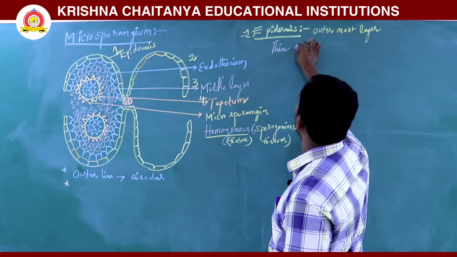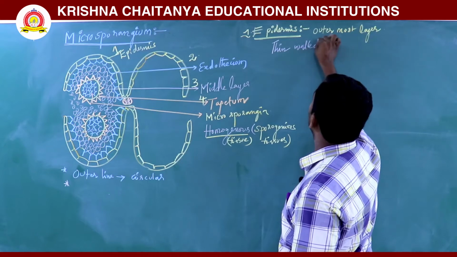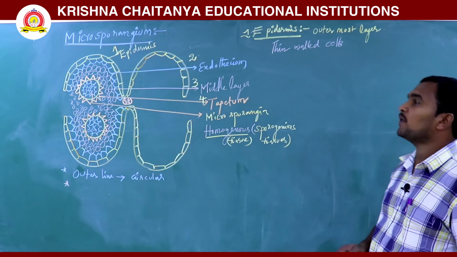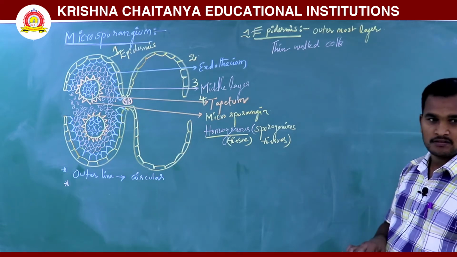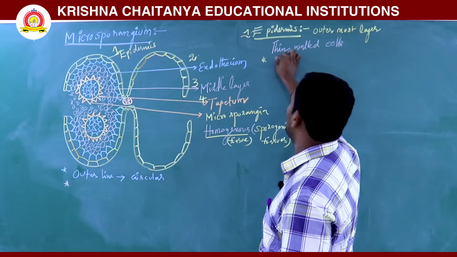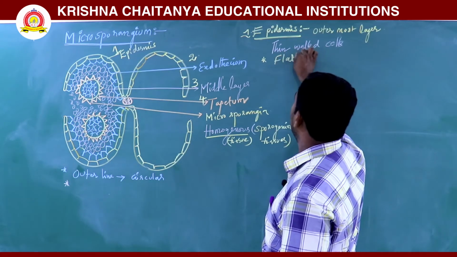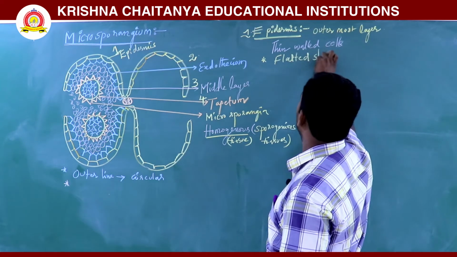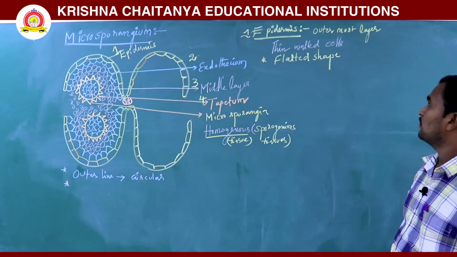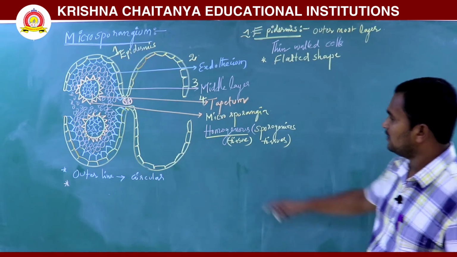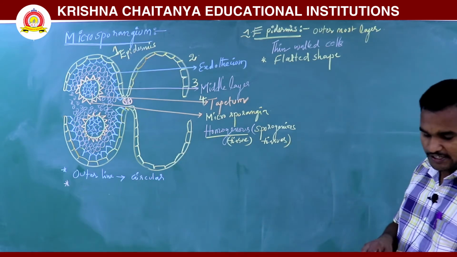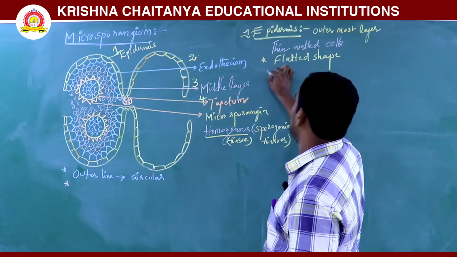Generally the cells are flat in shape, and it is also protective in nature.